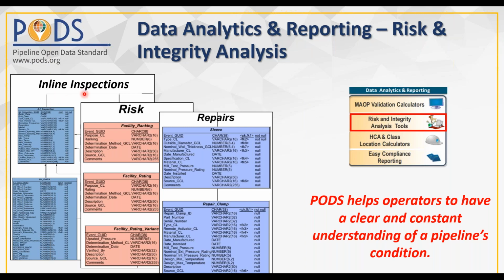You can also see there is a separate, in this particular version of PODS, there are risk tables. There's also a place to store repairs that have been used or done on a particular pipeline segment. So there are areas within the model that are storing this type of information that will need to be referenced in order to do analysis of the pipeline to maintain safety and integrity.